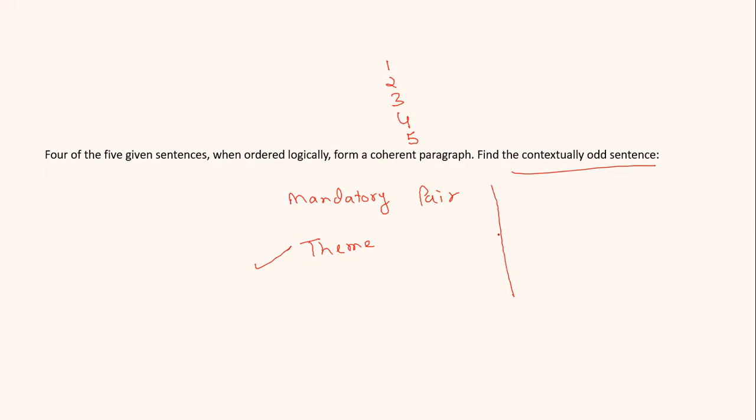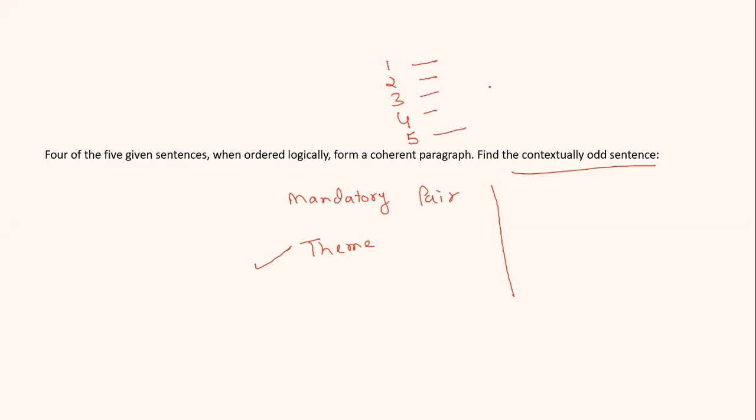Please understand the subject of all the 5 sentences will be common, and that is what creates confusion. The subject will be common, but 4 of these will be talking about one idea or one aspect of that subject. The fifth one, although it talks about the same subject, is not related to the other 4, and that is the answer, right?